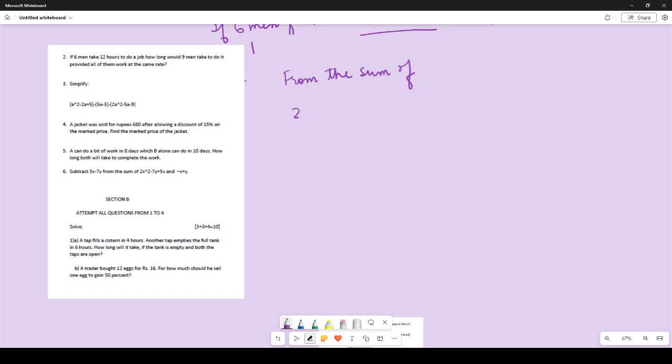So you have 2x square minus 7y plus 5x, and the sum is plus. So here, because it is addition, because we are finding the sum, no signs change. Minus x plus y. So this is the sum, and from this you have to subtract 5x minus 7y. Remember, this entire thing goes inside the bracket.